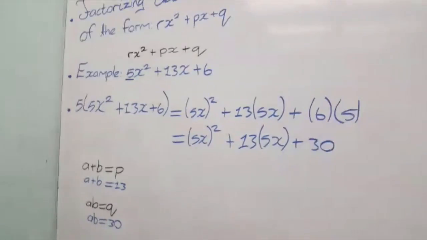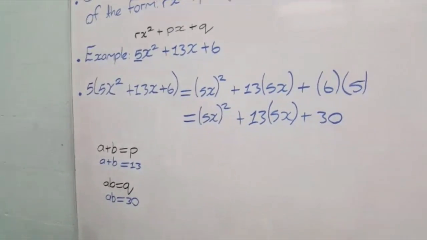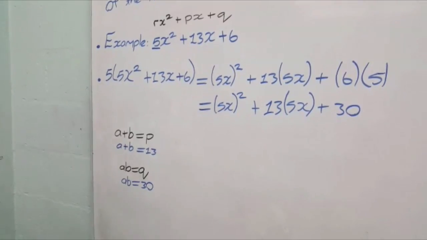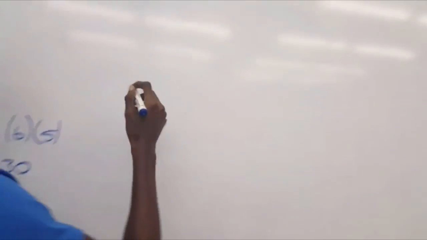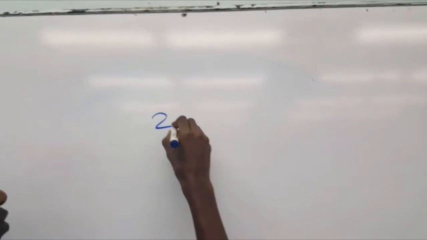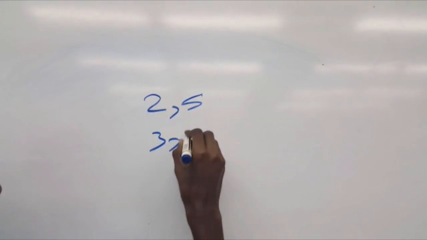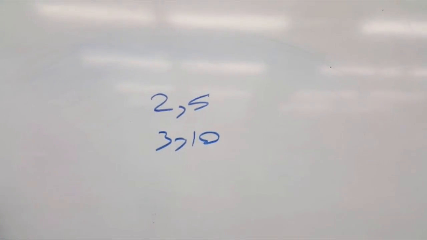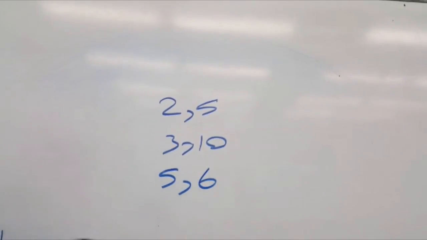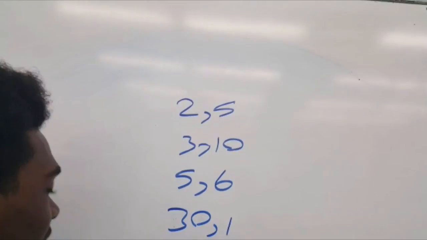Now, we look for the factors of 30 that when added up will give a sum of 13. So factors of 30 are 2 and 5, 3 and 10, 5 and 6 and 30 and 1.